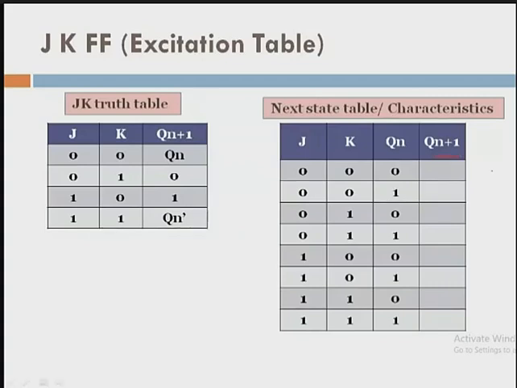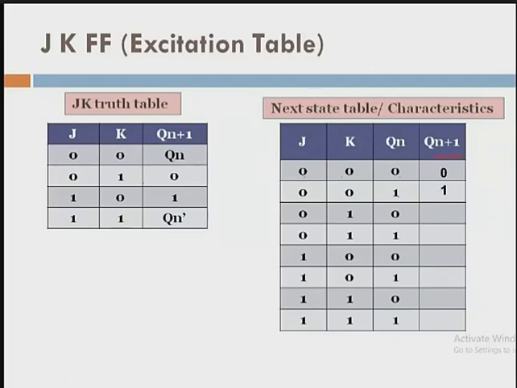First combination, 0 0. It depends on Qn. Qn is 0, so we can write the output as 0. Again 0 0 combination, it depends on Qn. Here Qn is 1, so write down the Qn value.